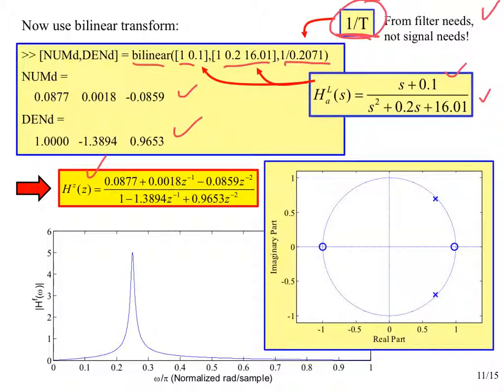We plug those in. Here the z powers are decreasing as we go from left to right, but they start at z to the 0. So we're looking at the negative power version of this. And if we do that, we take this filter, we can use the z-plane command to find what the pole-zero plot looks like, and no surprise, we see a zero here and a zero here.